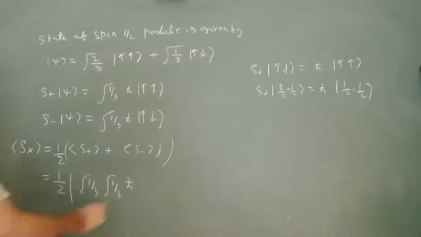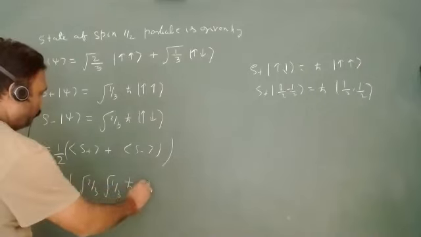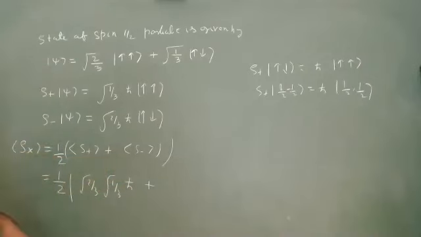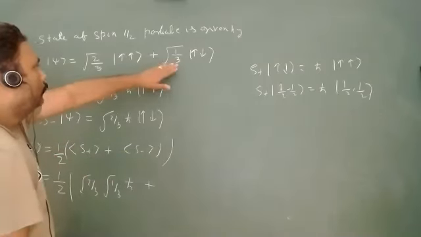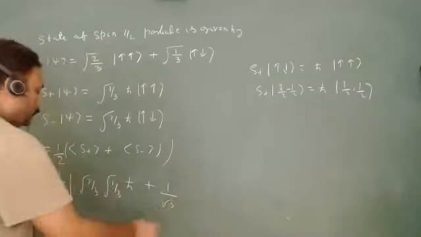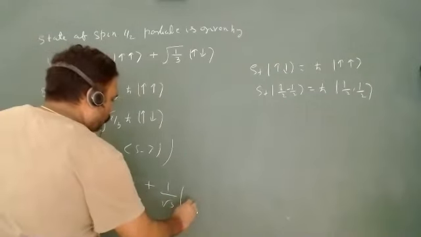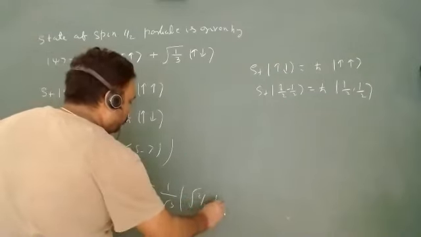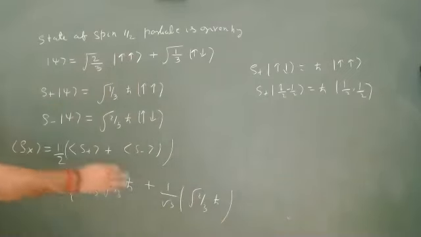Okay. And plus the expectation value of S minus. So you will go for this one. So you have 1 by root 3, root 2/3 ħ. You can calculate, you will get the same answer. Don't worry. Okay. So you can easily calculate this thing.